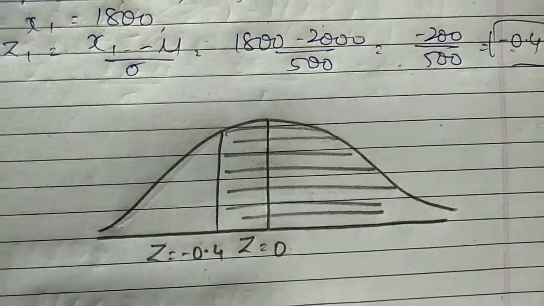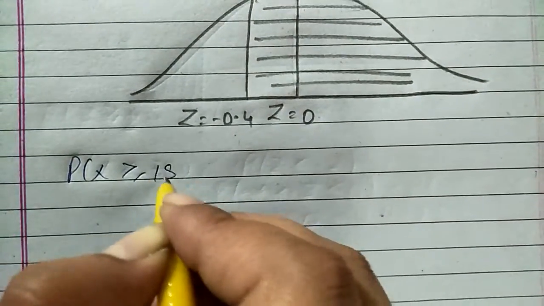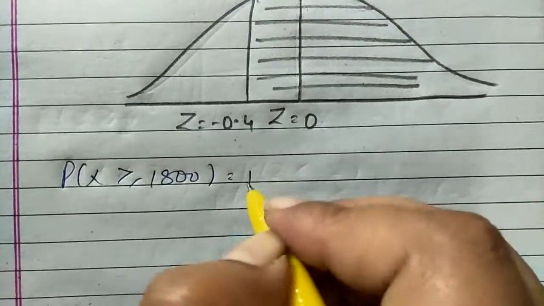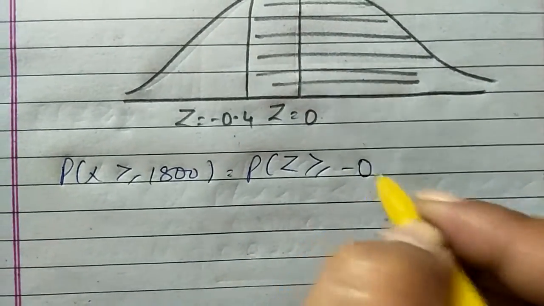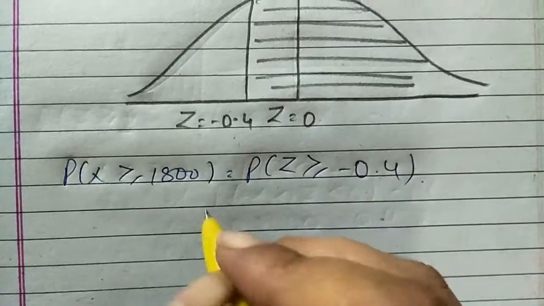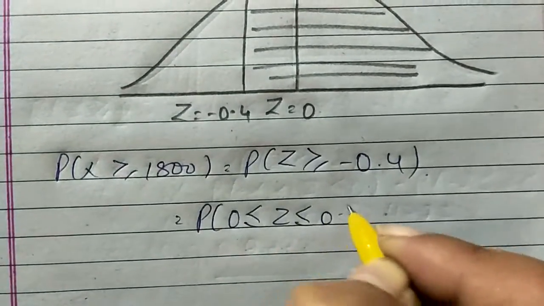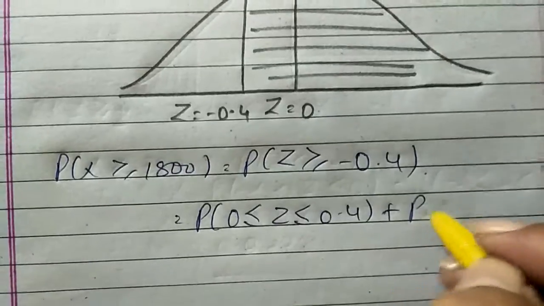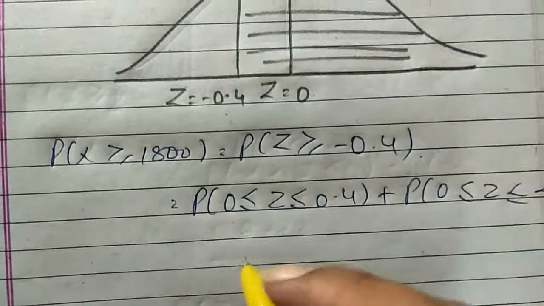So now P(x ≥ 1800) is equal to P(z ≥ −0.4), that is P(0 ≤ z ≤ 0.4) plus P(0 ≤ z ≤ infinity).